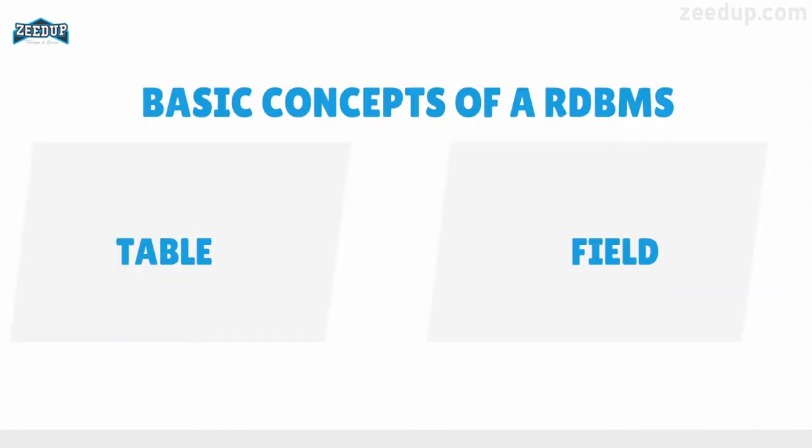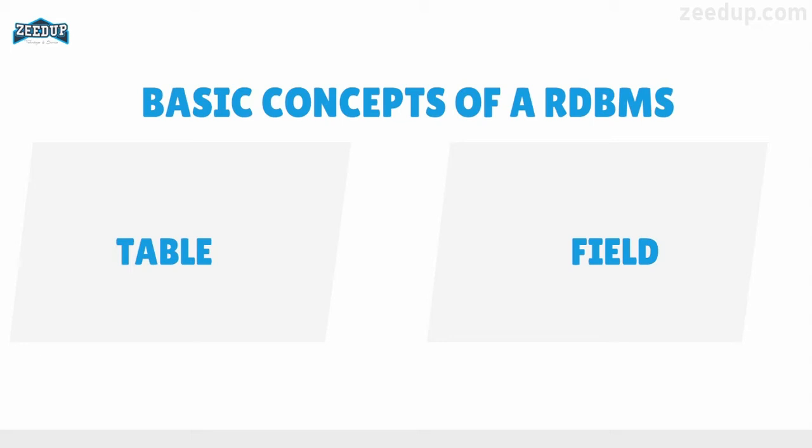Let us talk about the basic concepts of an RDBMS. The first thing is a table. When we create a database, there are different tables present in this database, and a collection of tables is known as a database when we are talking about RDBMS. So a table is the fundamental unit of a database.